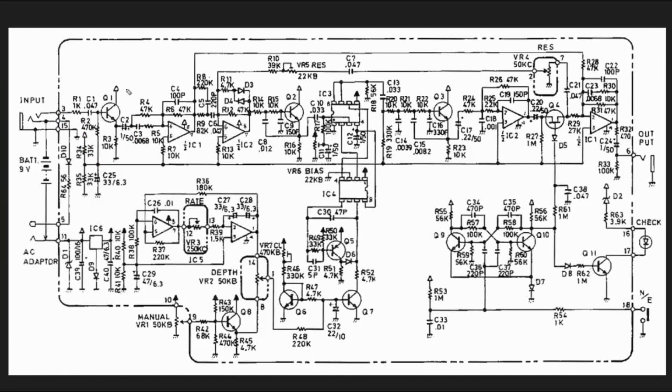Next, we have this op-amp stage that looks like this. So this op-amp stage, if you remember from the Boss CE2 video when we were looking at the chorus and talking about BBDs, this is what's called the pre-emphasis filter. This is a filter that is designed to boost the high frequencies by several dB so that the high frequency content is much stronger than the high frequency noise that a BBD chip is going to produce on its own.